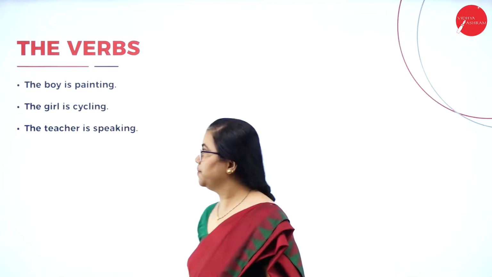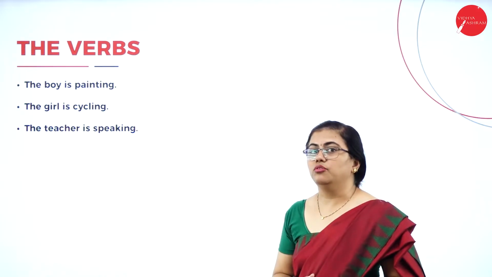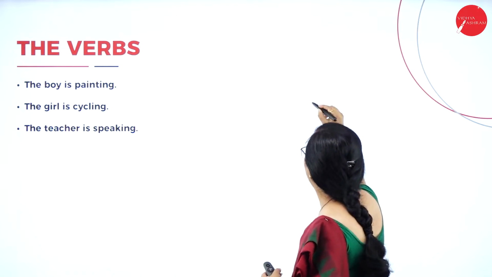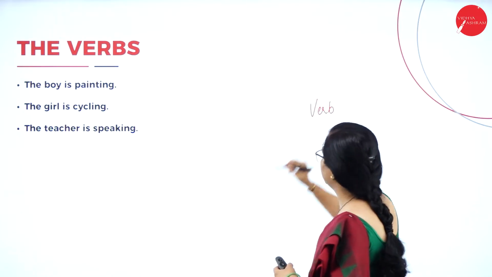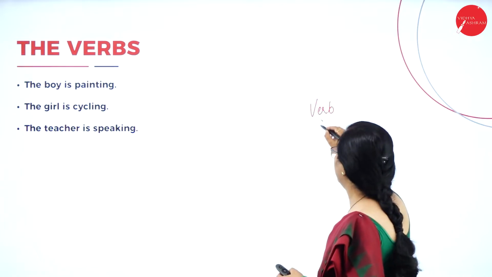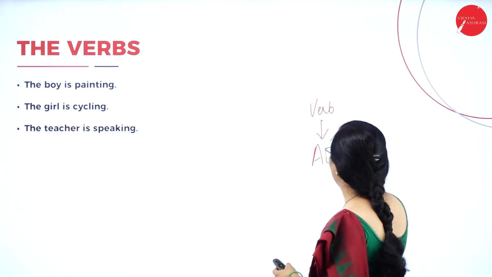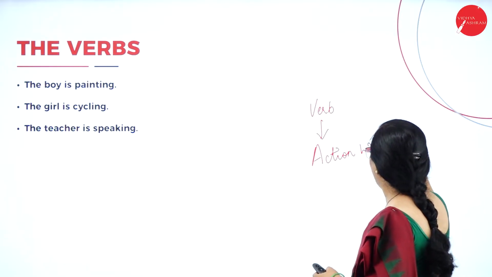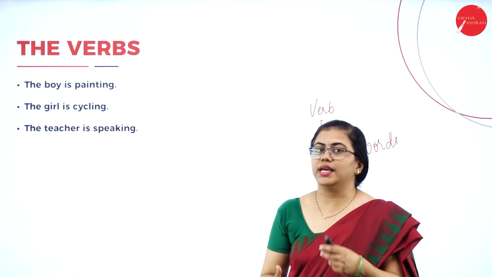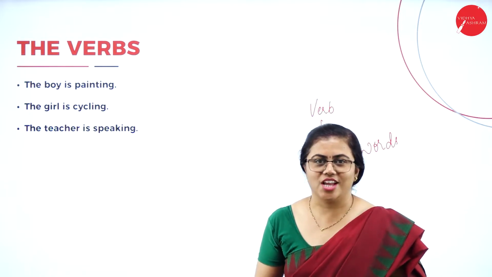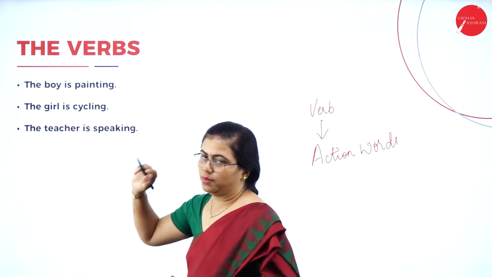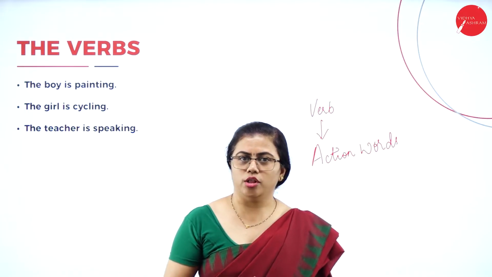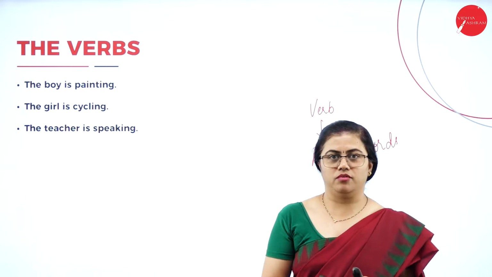To begin with, I want you to identify the verbs over here. As I said in one of the previous sessions, verbs are nothing but action words that tell us what work is going on in the sentence. In a sentence, there might be auxiliary verbs, which are helping verbs, and main verbs.